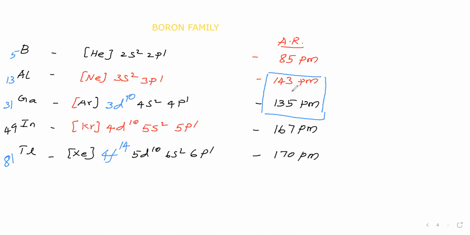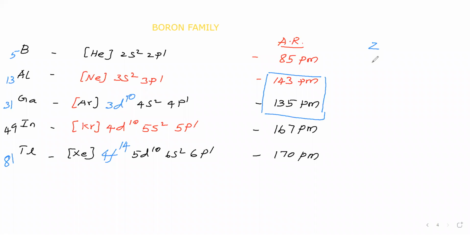Now, atomic radius is determined by which one? An atom possesses a particular radius. That radius is determined by which factors? One is electronic configuration, another one is nuclear charge. One is nuclear charge, meaning the charge of the nucleus, that means protons.